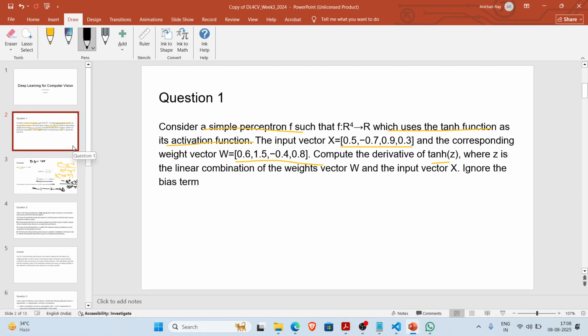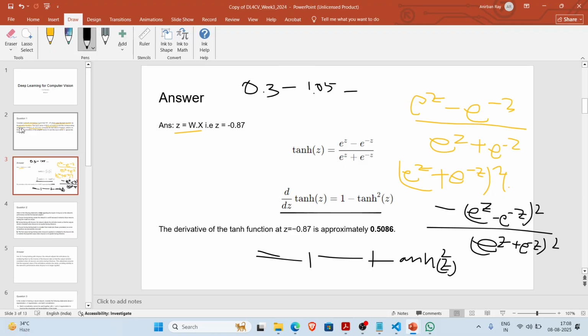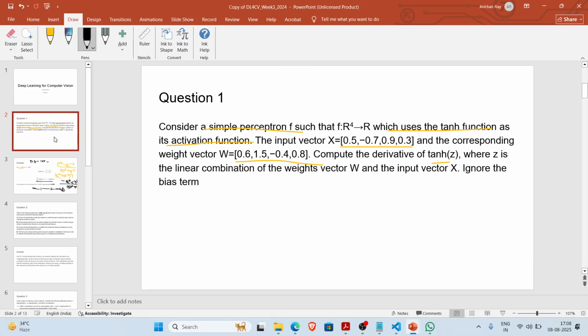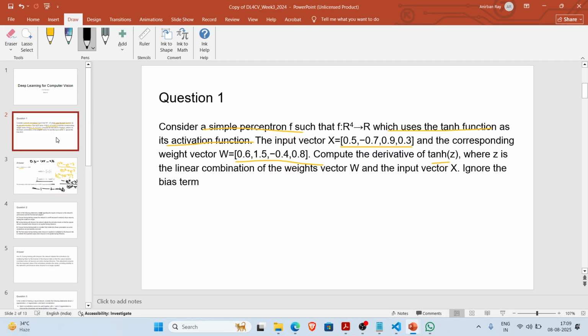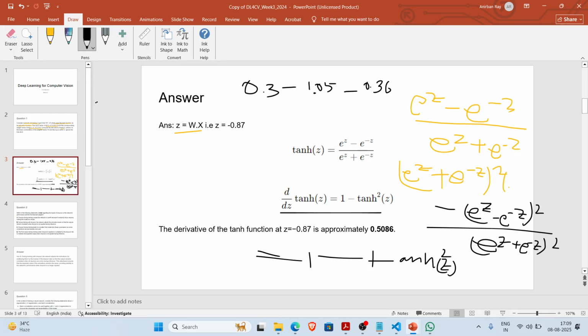Next, minus 3.6 into 0.1 is minus 0.36, so 1.05 minus 0.36. And then 0.24.